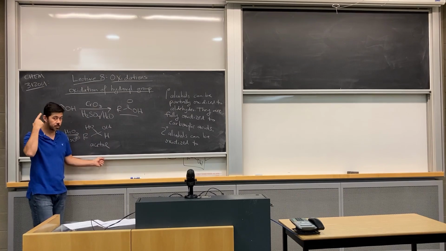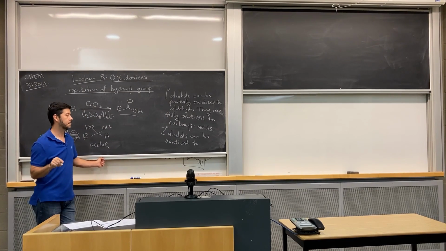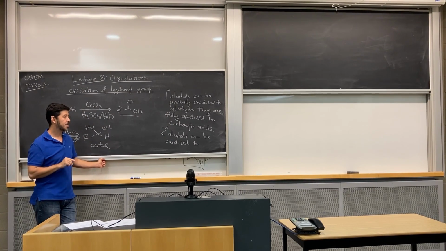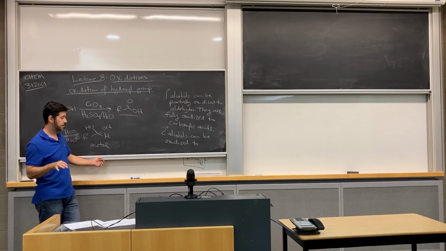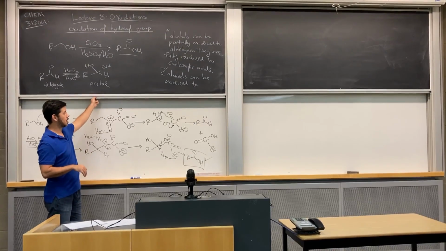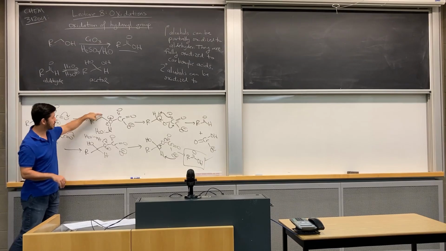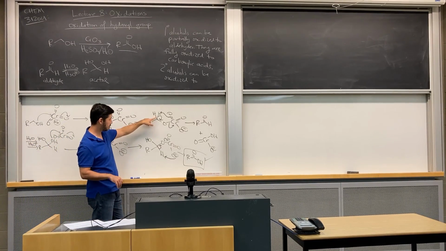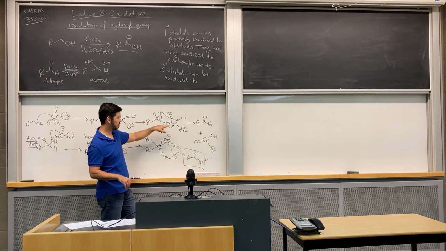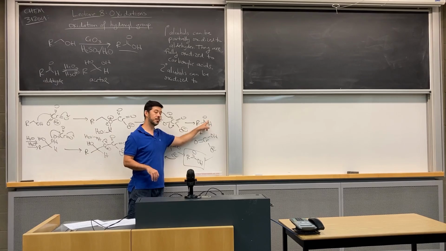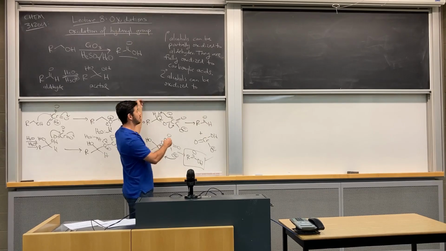Have you thought about it in your head? Okay, so if you go through this mechanism, and if you had an R group here, imagine an R group here, R group here, you do this reaction, then you're going to have an R group here. So that's going to mean that you have a ketone. All right, so they can be oxidized to a ketone.